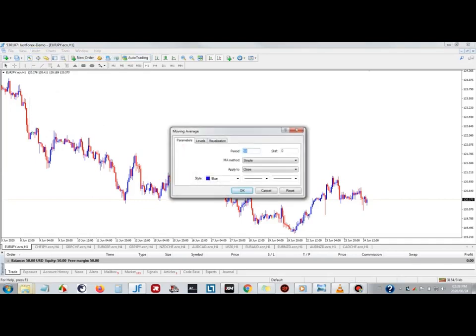For today's video we're going to use the 50 and the 20 moving average, or even the 21 moving average, and we're going to use the MA type called exponential, applied to the close.